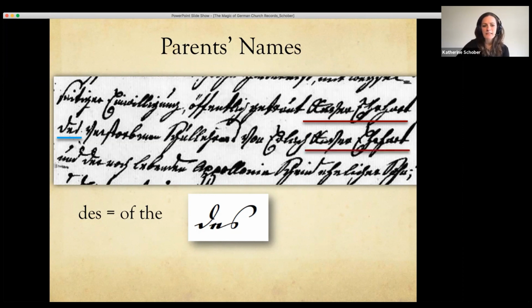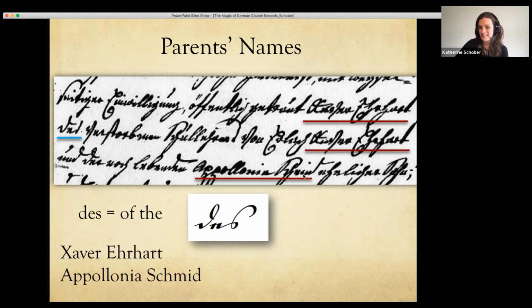So we scan the line here until we get to a name, and it looks like the son is named after his father, Xaver Erhardt, same name, son and father. We then want to keep looking until we see a female name, and here we have the name Apollonia Schmidt. So des is going to be "of the," and that des is a clue word that the parents' names will follow.